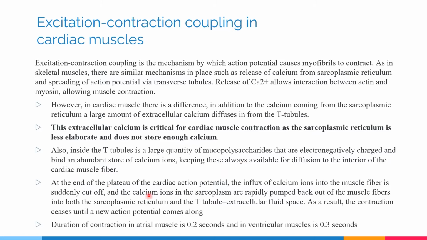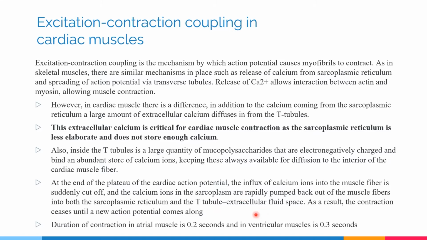At the end of the plateau of the cardiac action potential, that is one contraction, the influx of calcium ions into muscle fibers is suddenly cut off, and the calcium ions in the sarcoplasm are rapidly pumped out of the muscle fibers into the sarcoplasmic reticulum and the transverse tubule and the extracellular fluid space.